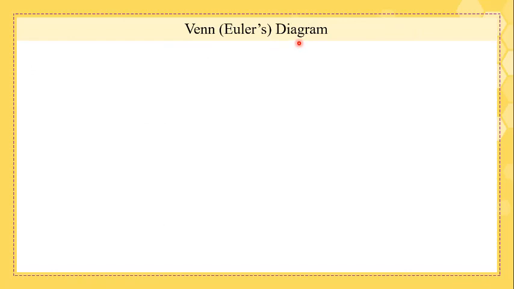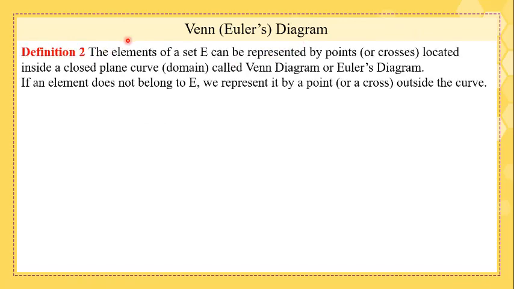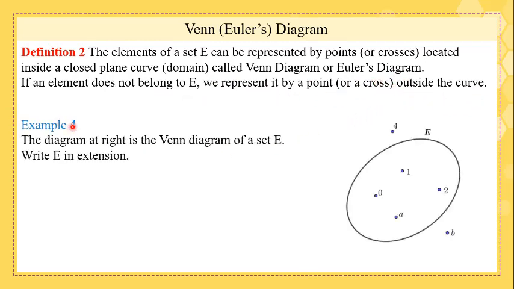Venn diagram. Definition 2. The elements of a set E can be represented by points or crosses located inside a closed plane curve domain called Venn diagram or Euler's diagram. If an element does not belong to E, we represent it by a point or a cross outside the curve. Example 4.